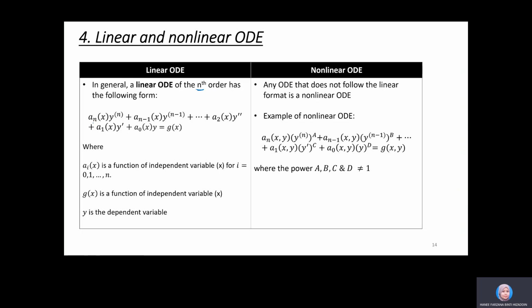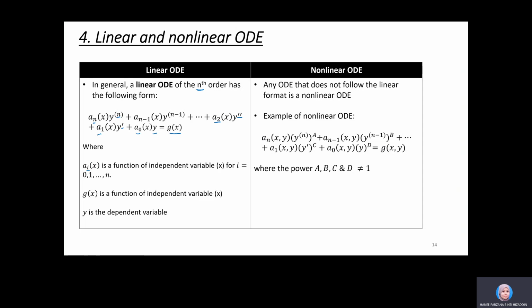Write a sub n as a function of x times the nth derivative of y, plus a sub n minus 1 of x times the (n minus 1)th derivative of y, and so on, until the second derivative with a2, a1 with the first derivative of y, a0 with just y, and finally on the right-hand side you write a function g(x) only.